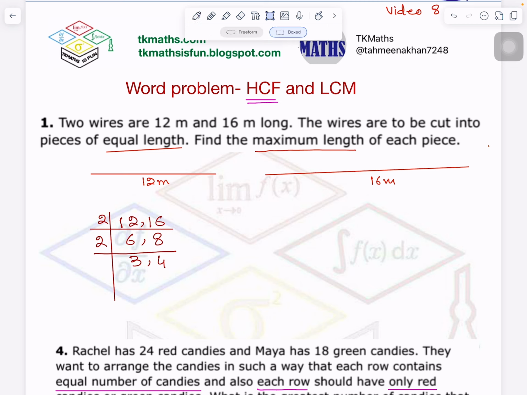So highest common factor is 2 times 2, which is 4. So 4 meter is the maximum length which can be cut from each wire. So you will cut pieces of 4 meter. Maximum length of each piece.